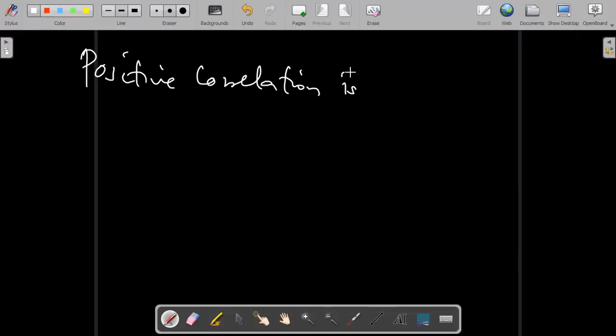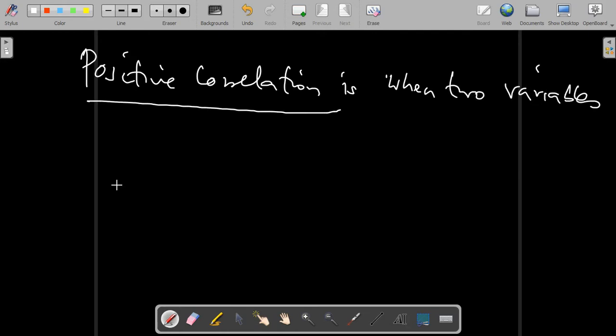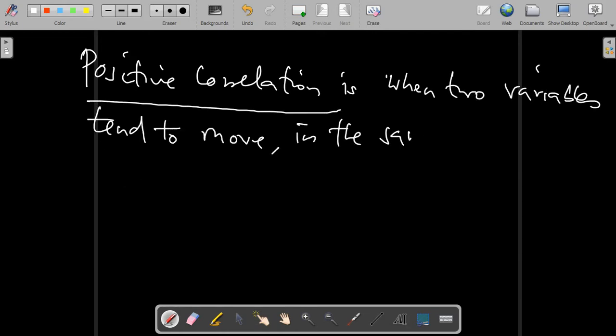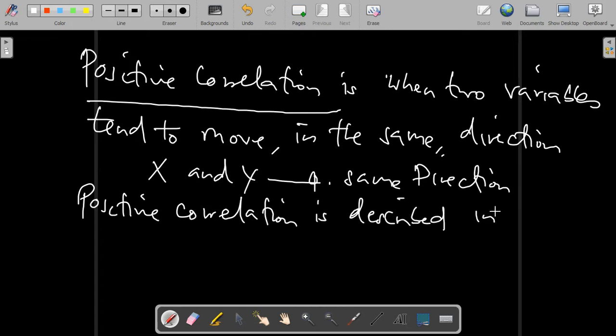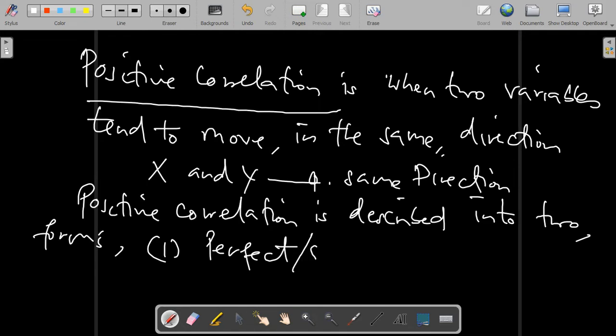So positive correlation is a type of correlation whereby two variables tend to change together in the same direction. For example, x, the independent variable, and y, the dependent variable, are moving in the same direction. Positive correlation is described in two forms.